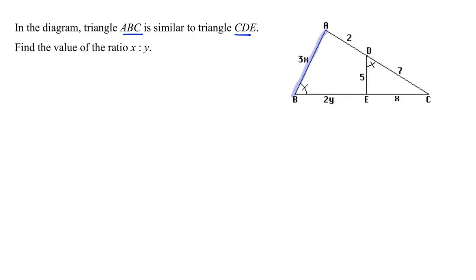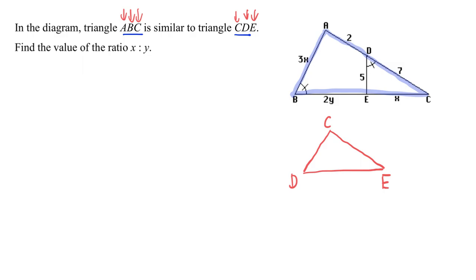I already have A, B, C. I am going to draw CDE in the same orientation as ABC, because A to C, B to D, C to E in the same order.